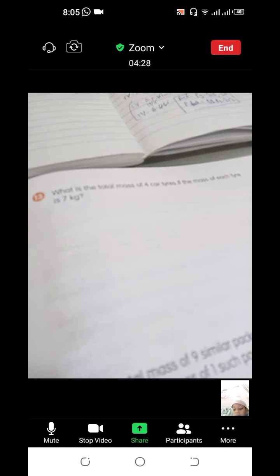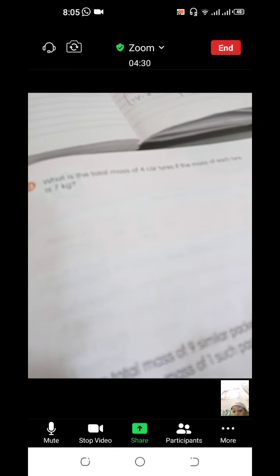Hurry up. Question number 13. What is the total mass of four car tires if the mass of each tire is 7 kg?